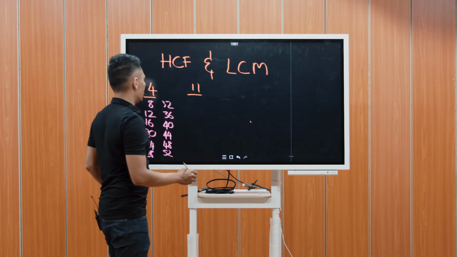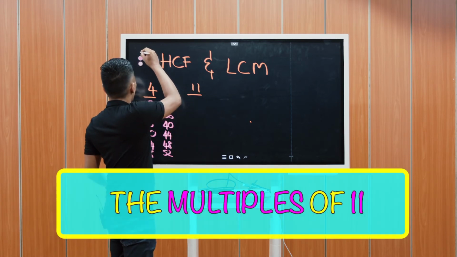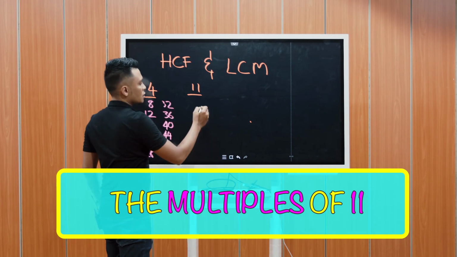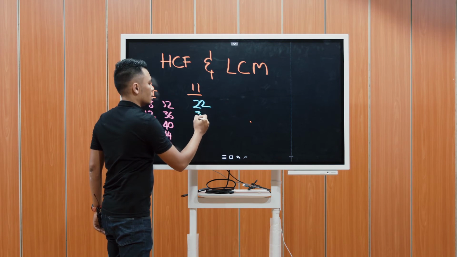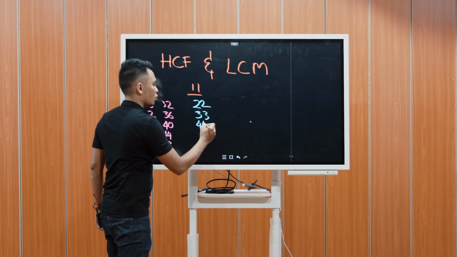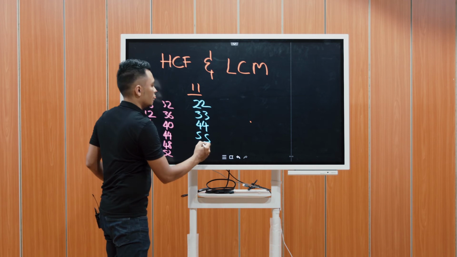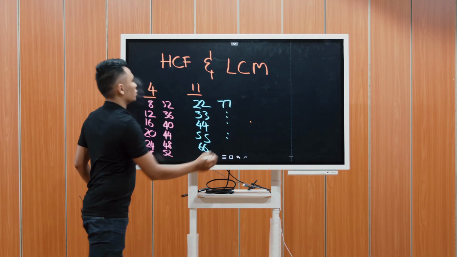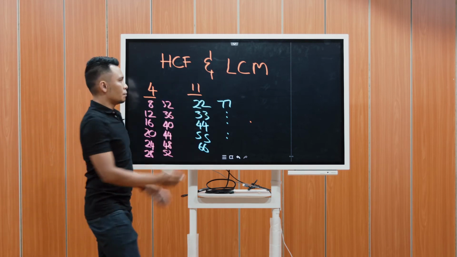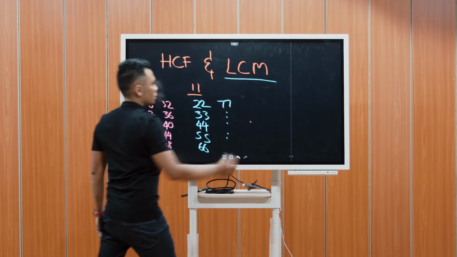How about 11? 11 comprises of 11, 22, 33, 44, 55, 66, 77, and so on. Now you are dealing with lowest common multiple, right?